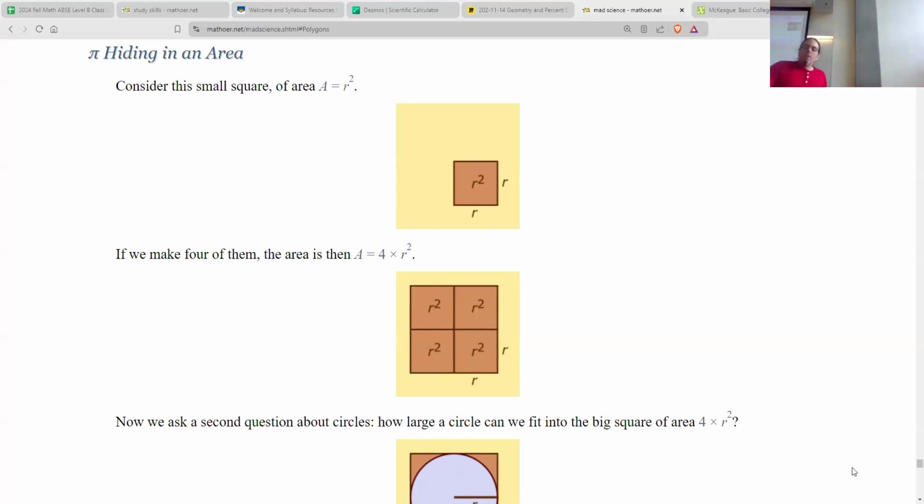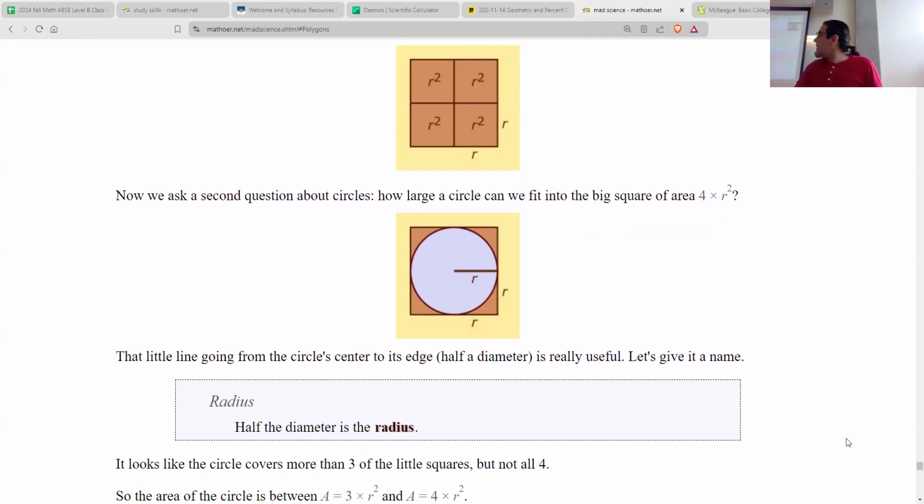Now I'm going to ask you another circle question. If I draw the biggest circle that fits in that square, how much of the square does it cover? Now you can see why we use R in pictures. For a circle, the distance from the middle to the edge usually has R for radius.